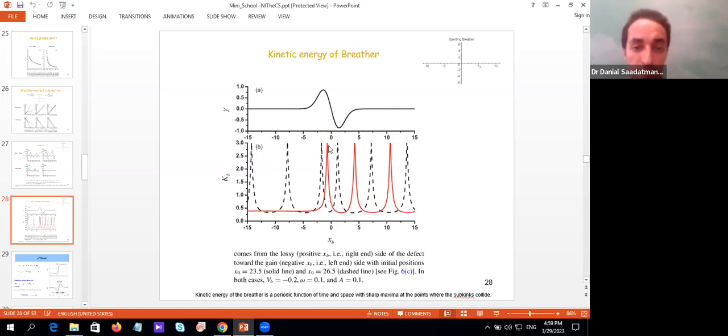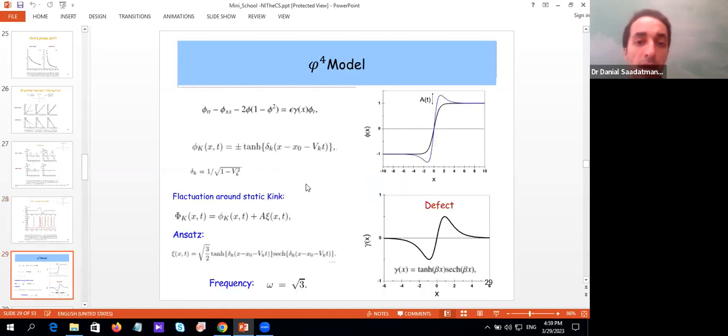As you can see from the red line after the interaction, the line cannot oscillate, but the dotted line, when the breather moves, it can touch both loss and gain sides, which means that the breather can lose and gain energy equally, and as a result, it cannot split into the kink and anti-kink.